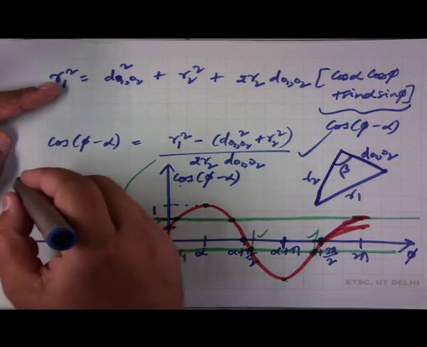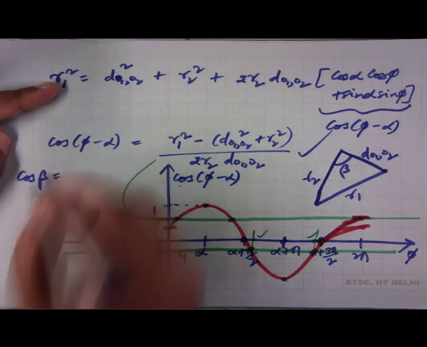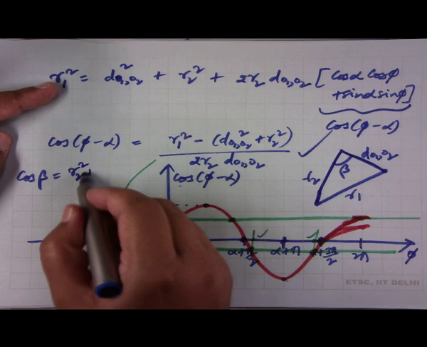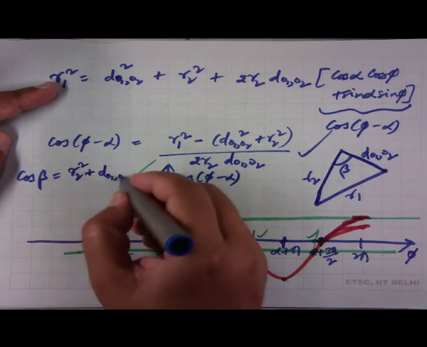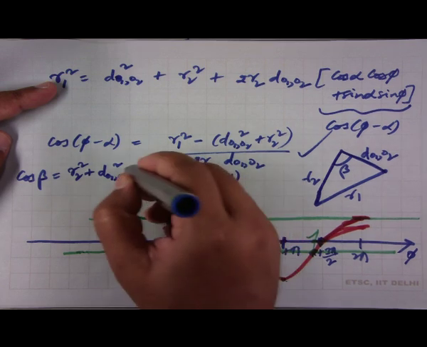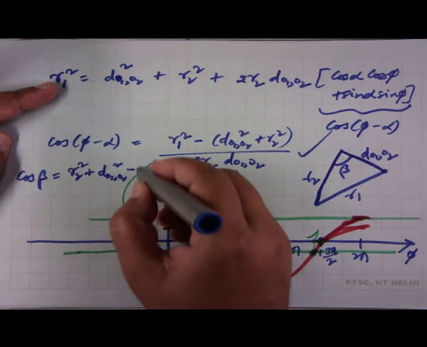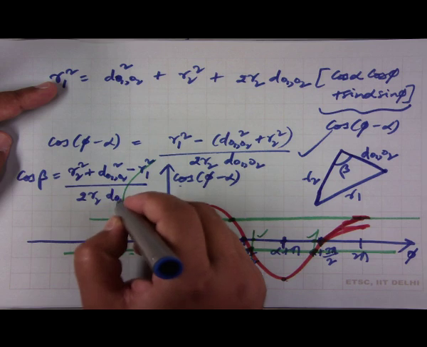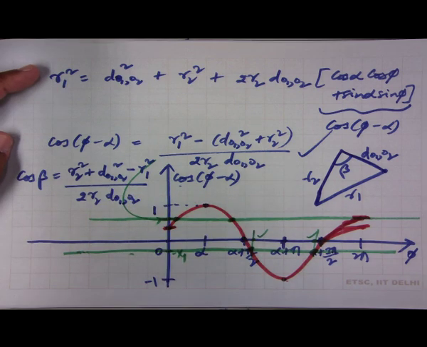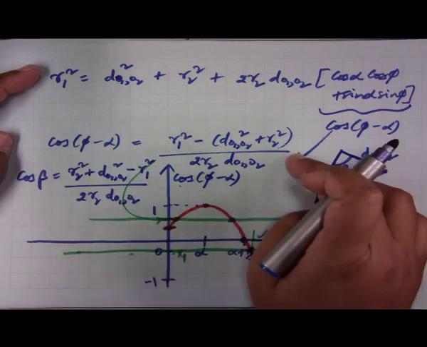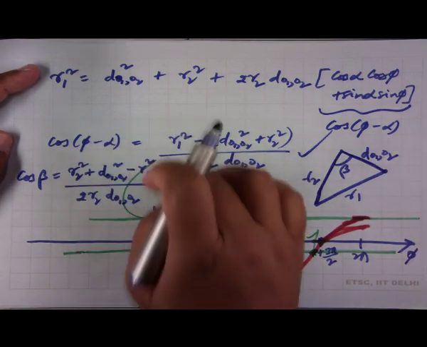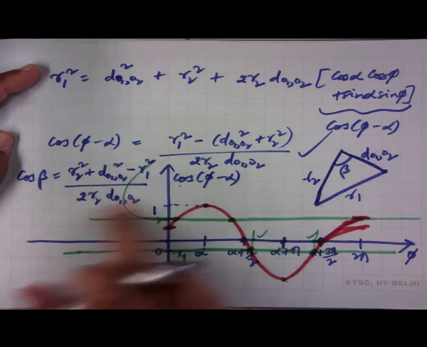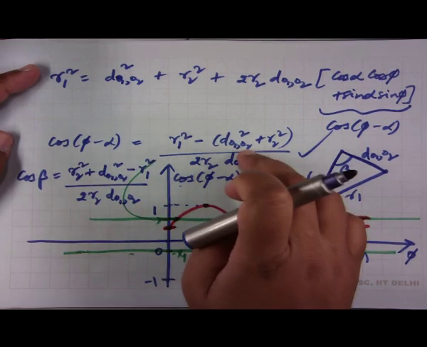Then we know that cosine of beta is nothing but r2 square plus d(O1, O2) whole square minus r1 square, upon 2 r2 into d(O1, O2). And this right hand side is very similar to this side, except for a negative sign. So, if we take minus of this right hand side, we will exactly get this.